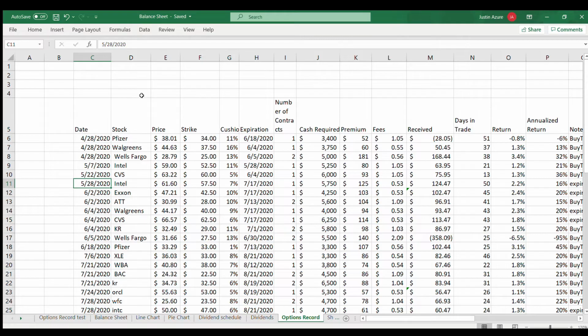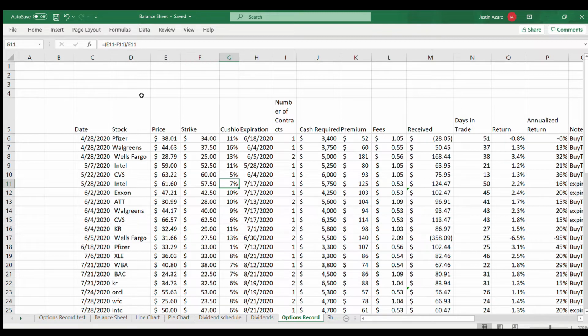But life happens. Okay, let's go ahead and jump into my Excel spreadsheet. We're going to start with this Intel put because you're going to see how it calculates a little better. All right, so we have the date, the date I sell the put, the company, the price it's trading at when I sell the put, and the strike price.